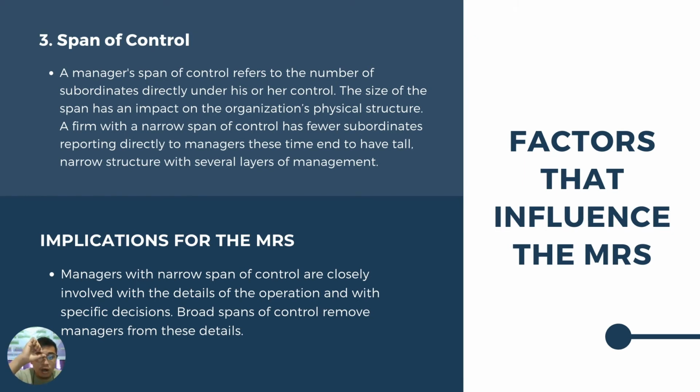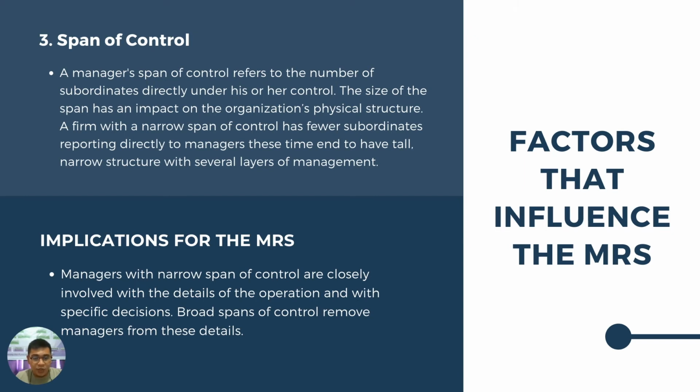And the implication for the MRS is that managers with narrow span of control are closely involved to the details of the operation and with a specific decision. On the other hand, broad spans of control remove managers from these details. These managers delegate more of their decision-making authority to their subordinates, so they are willing to hear the sentiments and suggestions of the subordinates.